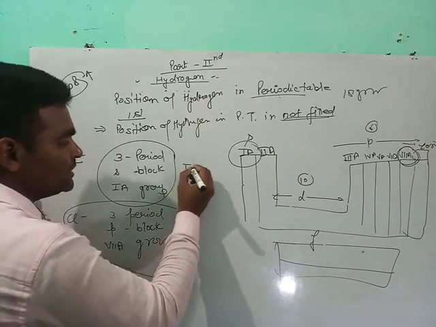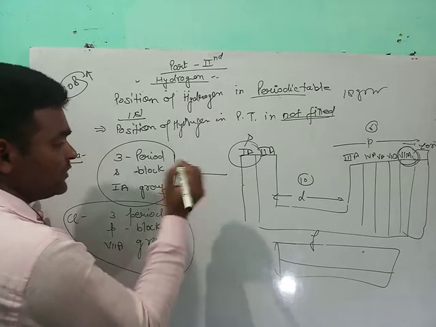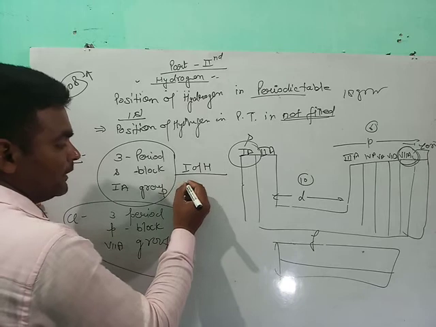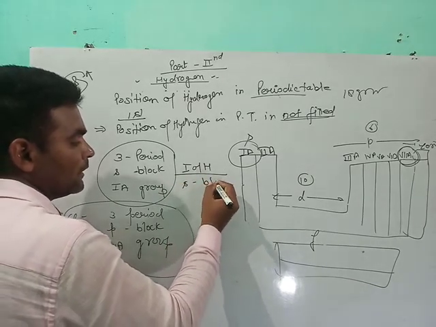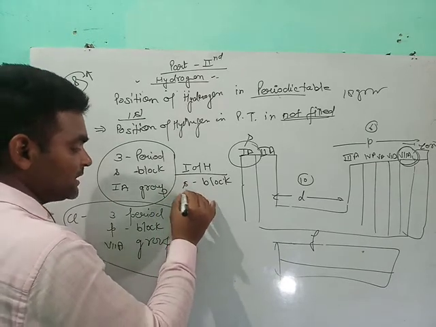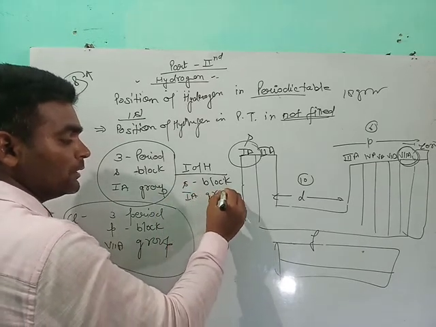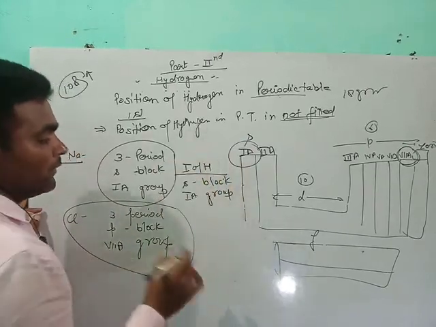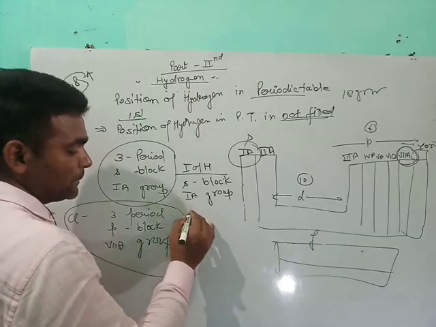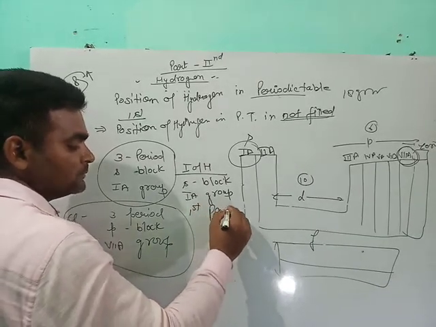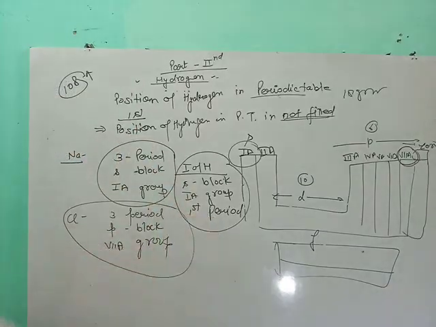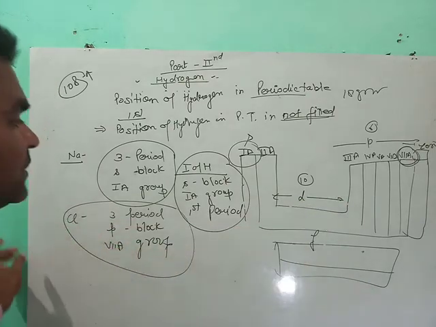The first position of hydrogen is the s block, first A group, and first period.